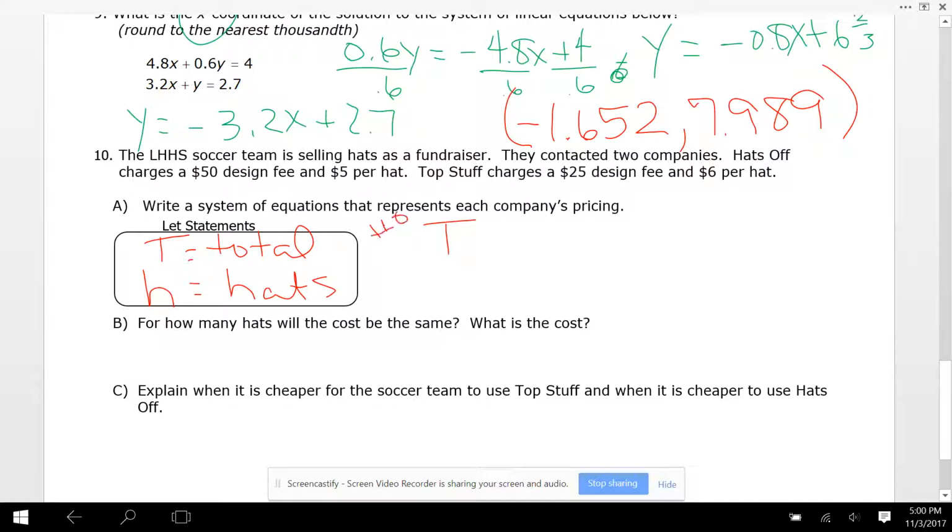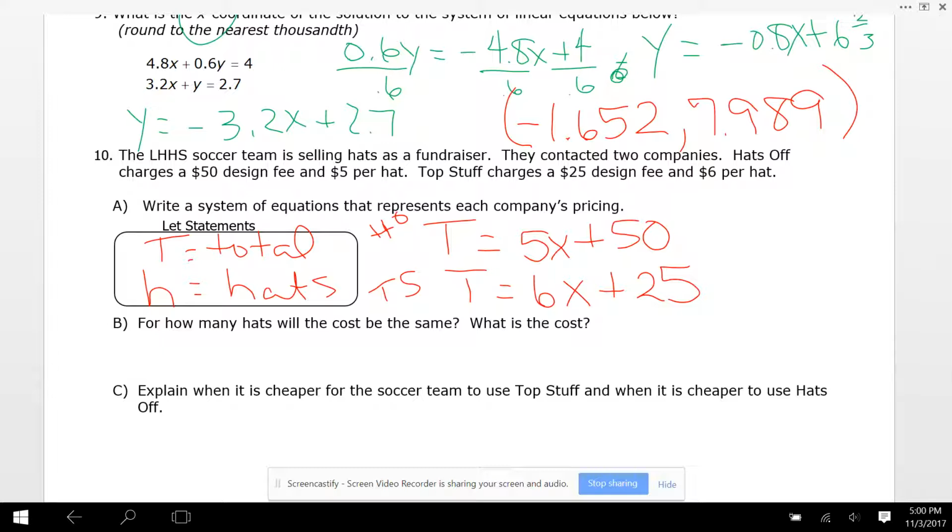I'll put HO over here, equals 5x plus 50. And for top stuff, the total is $6 plus $25 for the setup. Okay, so we need to look at when the cost is going to be the same, and we're lucky that I put x's right here, and our t can be our y, right? They're already set up correctly.